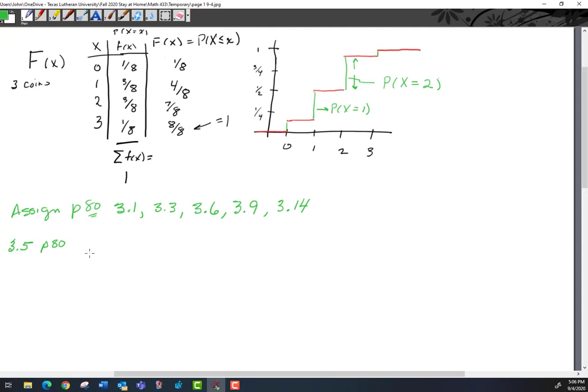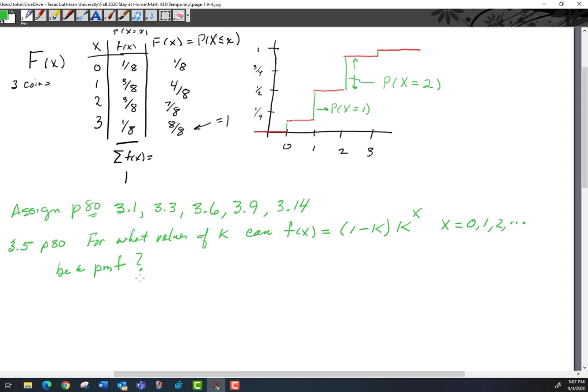But here's, in essence, what it says. It says, for what values of k can f of x equal (1 minus k) times k to the power x, x equal 0, 1, 2, and so forth, be a probability mass function?